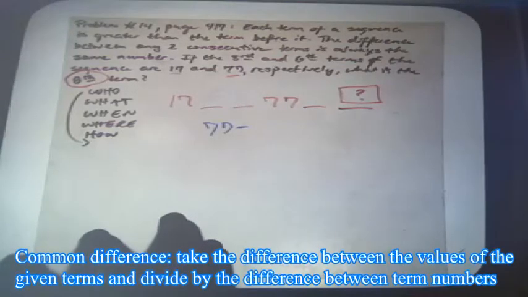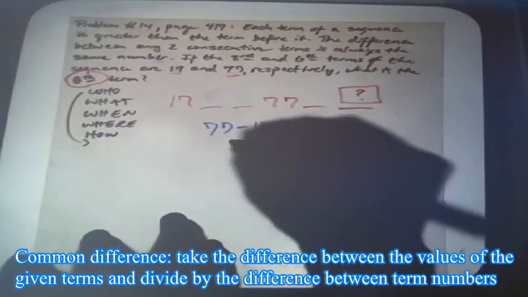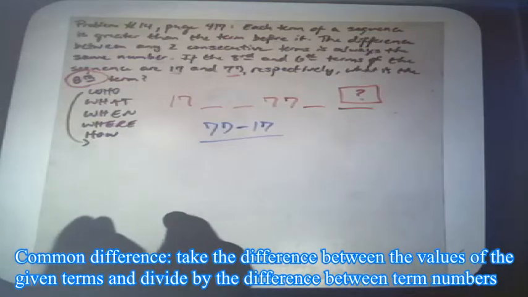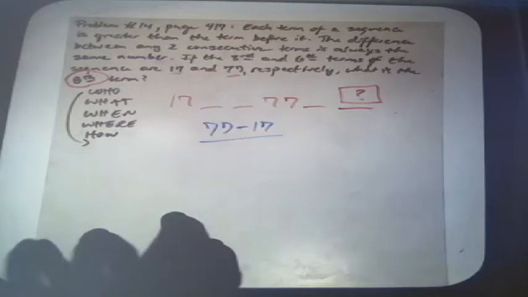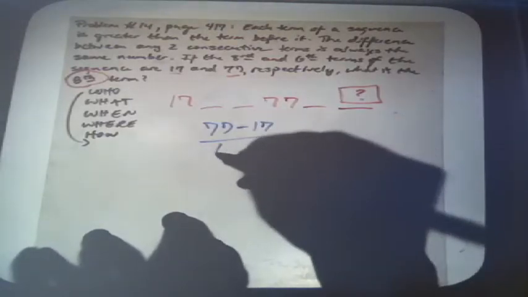So that would be 77 minus 17. And then we're just going to divide that by the difference in term number. So we're going to find the difference between the value of each term and divide by the difference in term number. Remember, the 77 represents the sixth term, and the 17 represents the third term.